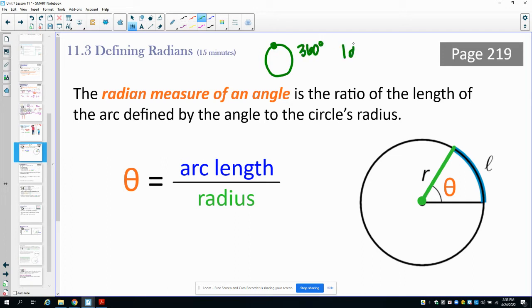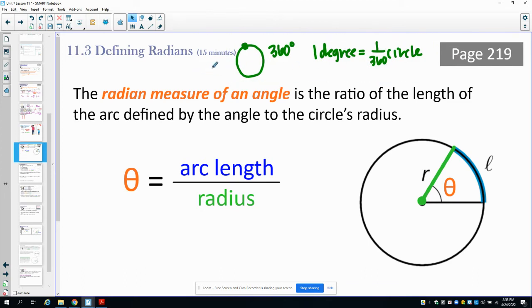So 1 degree equals 1/360th of the whole circle. Now we're going to look at a different unit of measure called a radian. A radian is defined as the ratio, which means to divide, of the length of the arc to the circle's radius. So the arc length divided by the radius gives you your angle measure in radians.